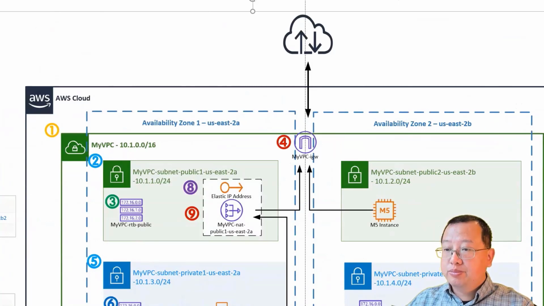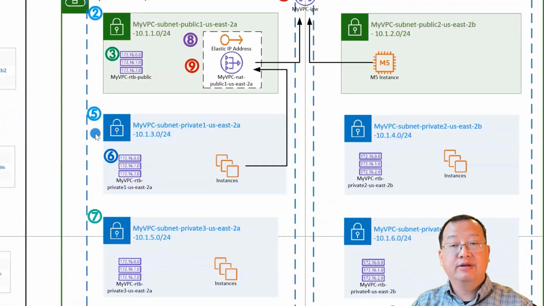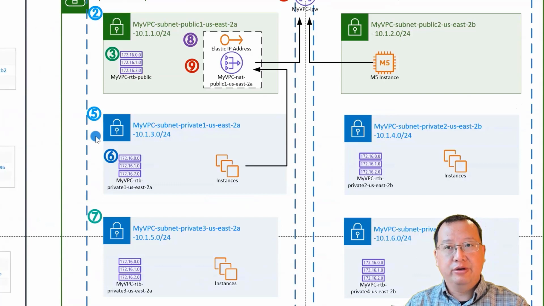Next item, private subnet. Item 5 is private subnet. The CIDR has a total of 256 IP addresses, same as the public subnet above. The private subnet is not directly accessible from the internet and is typically used to host sensitive data.